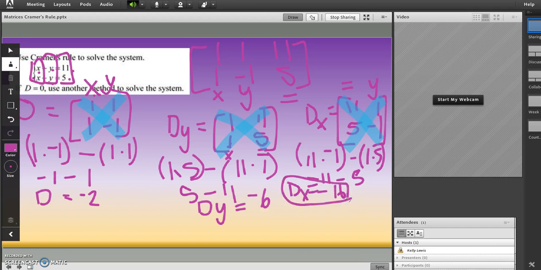That's not the value of x and y. Those are the determinants for D, Dy, and Dx. Then it said, let's do x first.